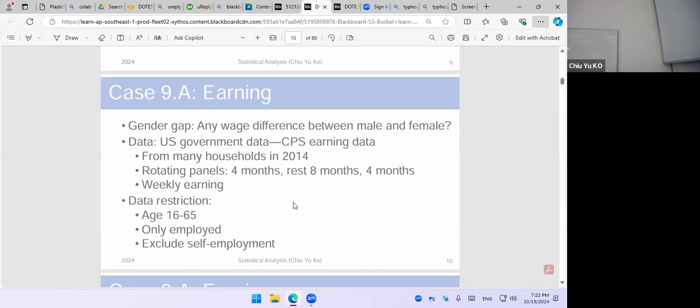We want to run a regression to understand this problem and understand how wages change based on your experience, age, the growth path. We will combine this when we talk about multiple regression. So let's take a break of 15 minutes, and after we come back, we look at the case study.